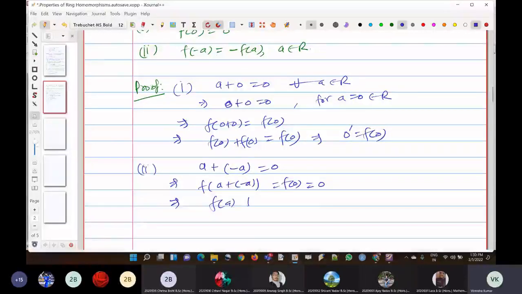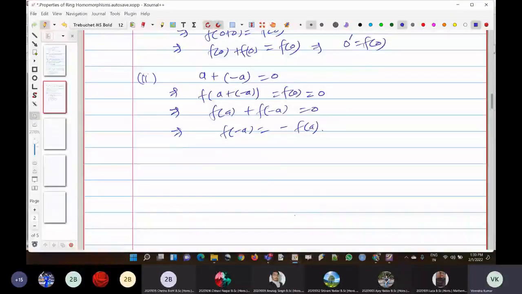So we have f of a plus f of negative a equals 0. Therefore f of negative a equals minus f of a. So this proves the property. These two properties are very simple.